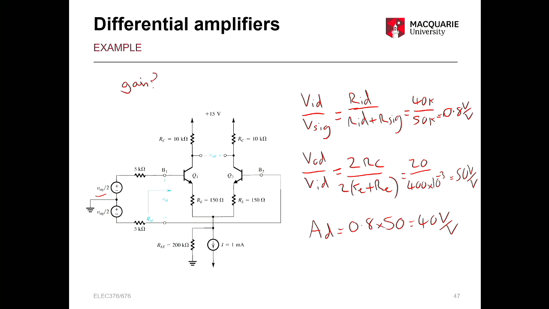Okay, so that one's a bit more complicated. I think VOD over VID is equal to gm RC. Pardon? For the gain, VOD over VID. VOD, sorry, yep, it's bad writing. Is equal to gm RC, right? Equal to gm RC, not Joule RC.